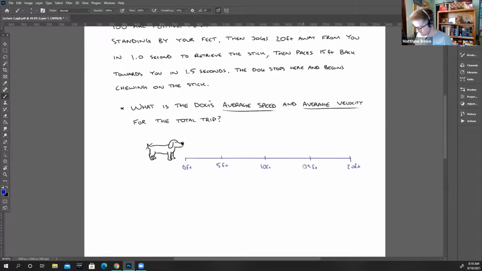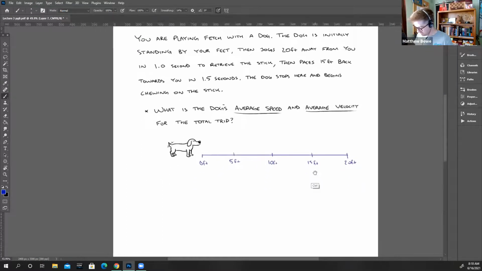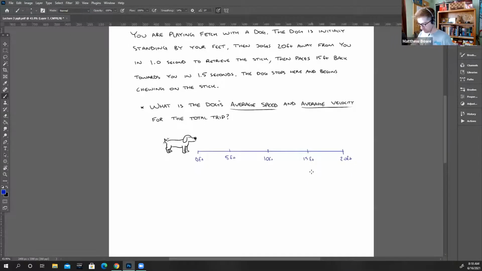All right, so I'm trying to keep the values in frame. Okay, so now let's draw the path of the dog. So it starts here. I'm just going to make a little line. Say it starts here and it goes 20 feet to fetch the stick. So it goes out this way, 20 feet.